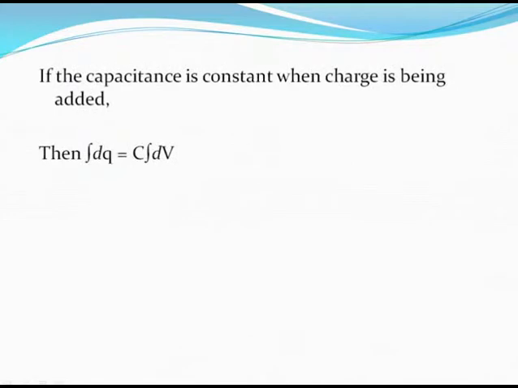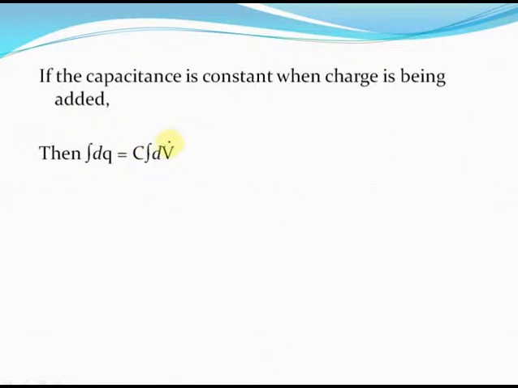Now we had just studied that C, the capacitance, was equal to dq by dV, isn't it? We can take dV to the other side and then dq will be equal to C dV. We can then integrate this expression on both sides and say that integral dq is integral C dV.